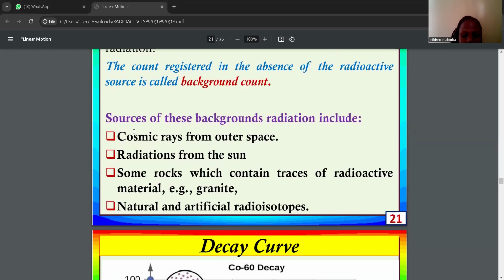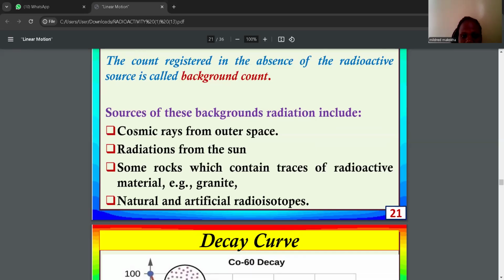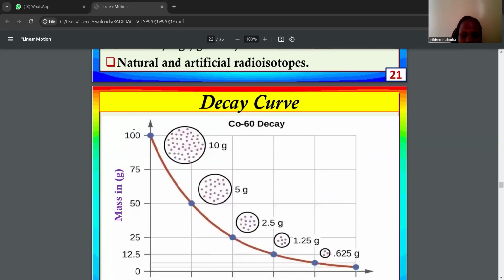The sources include, and are not limited to, cosmic rays from outer space, radiations from the sun, some rocks which contain some traces of radioactive materials, e.g. granite, and natural and artificial radioisotopes. So those are the four sources of the background radiations.